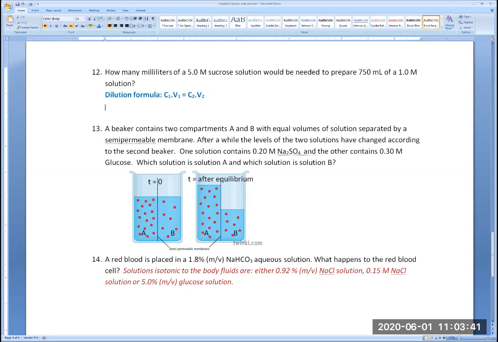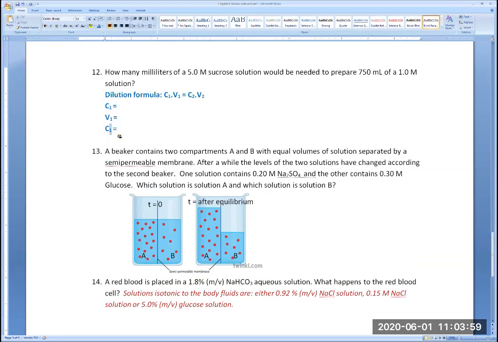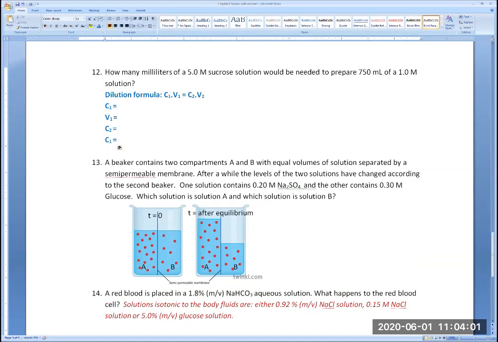So you have C1, you need to find V1, you need to find C2, and you need to find V2. And so one of them will be missing. You have the values for three of them, and one of them is missing, and that's the one you're looking for.